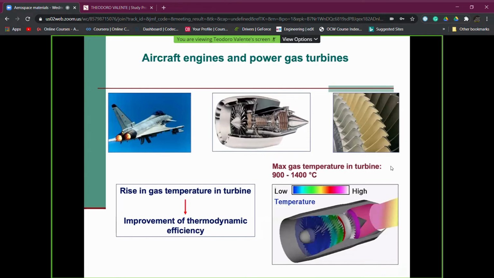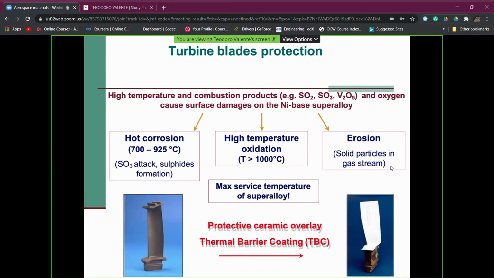So if we raise the temperature in the turbine, that means that if we have a higher temperature in the combustion chamber, we do have an improvement of the thermodynamic efficiency of the thermodynamic cycle, as you should remember, and this will improve the overall efficiency or yield of the cycle itself.